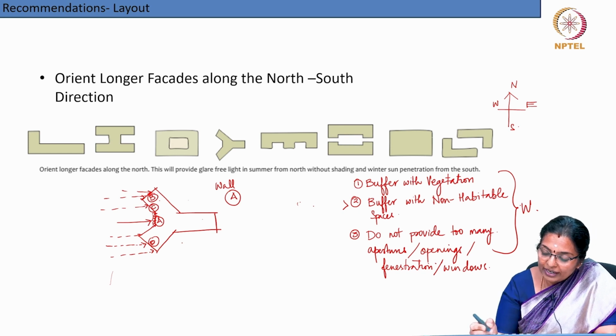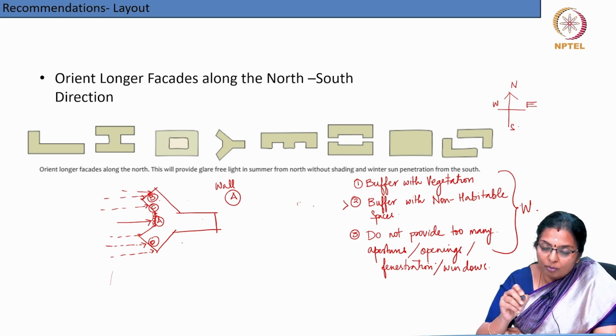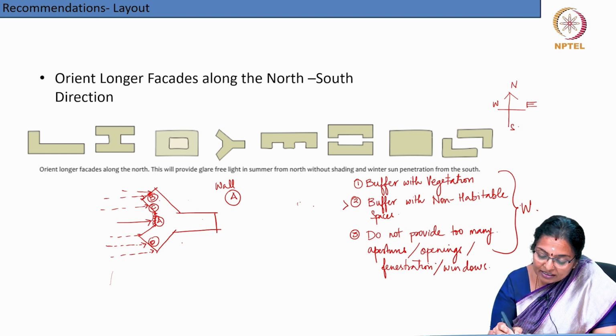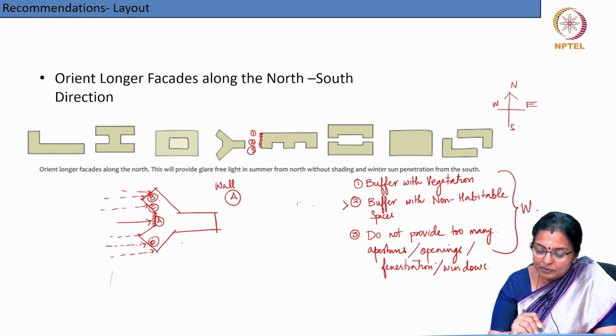Now, if you look at this plan form like an E, again here this wall is an area of concern and you follow the 1, 2, 3 principle, whereas along this wall mutual shading will help these walls.